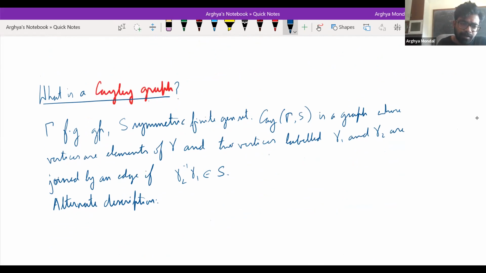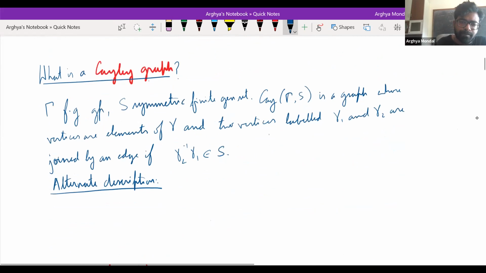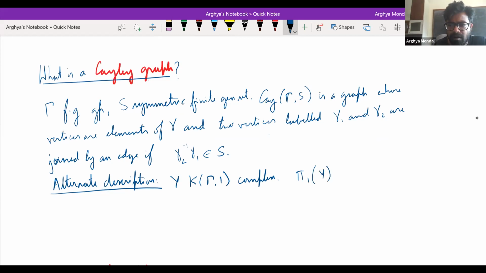But there is an alternate description of this, which will be useful for me because I want to look at higher dimensional generalization of this stuff. So suppose Y is a K(gamma, 1) complex. By that I mean that this is a CW complex, and the fundamental group of Y, fixing some base point, is exactly gamma, and all other homotopy groups are 0, including the 0th homotopy group, which means that it is connected.